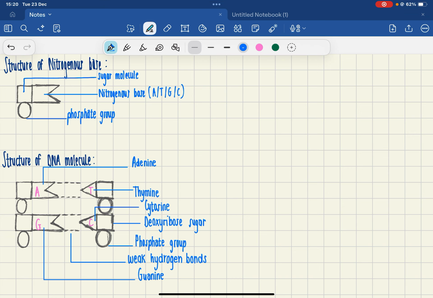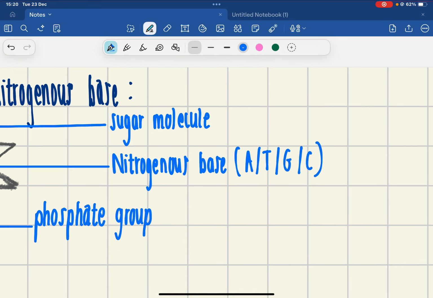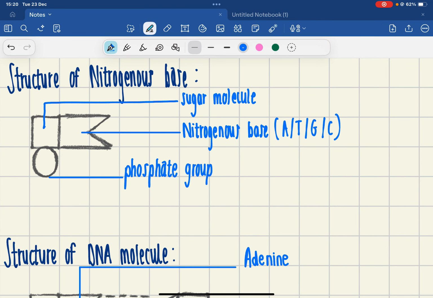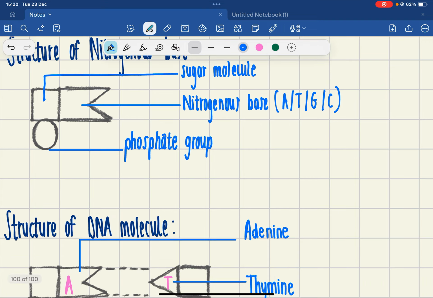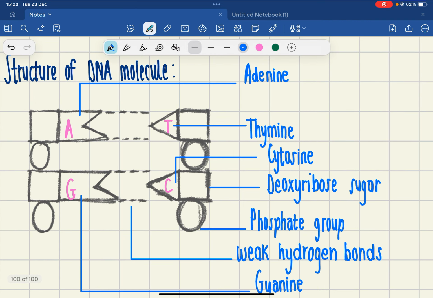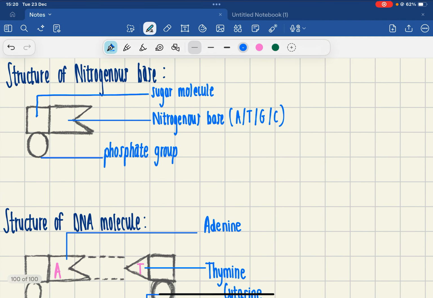That's quite easy. Now, this is a structure of a nitrogenous base, boys and girls. We said that we have a phosphate group, we have a sugar molecule, excuse me, and we have a nitrogenous base. The nitrogenous base can be either guanine, cytosine, adenine, or thymine.